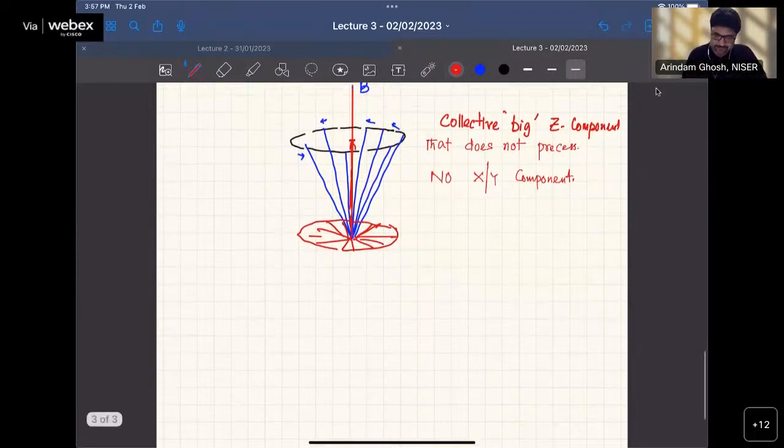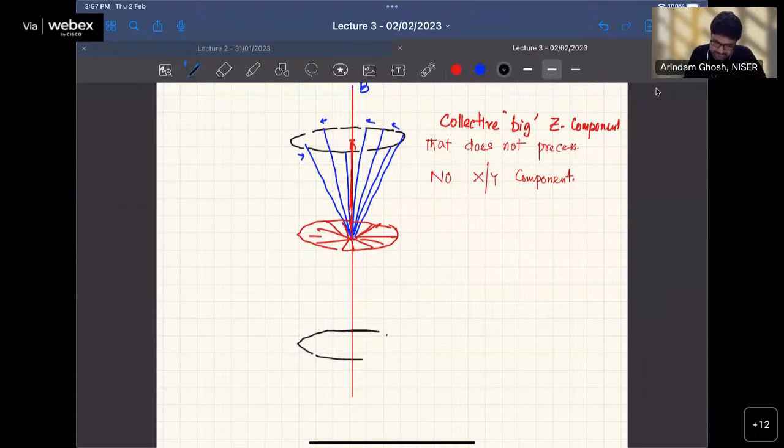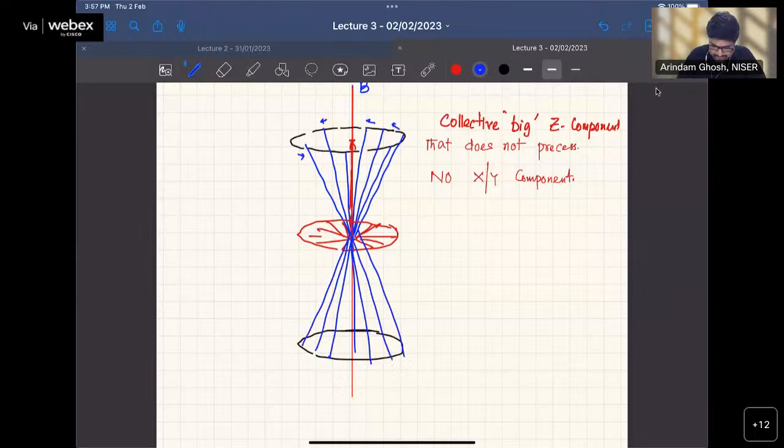And the big problem is that not everybody is going to be aligned to the alpha state. There will be a lot of people who will be aligned to the beta state as well. So as a result, you'll be getting another circle like this, where these ones are going to be like that.